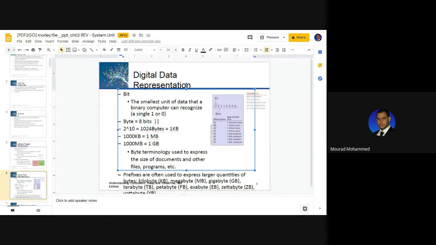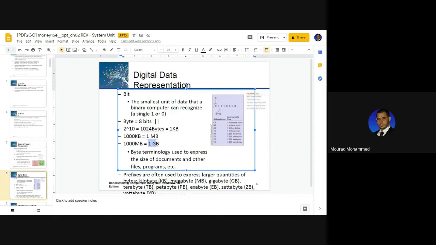But remember, we go from one unit to another by multiplying by 2 power 10, which is 1024. We multiply 2 power 10 by 1 byte, we find 1 kilobyte. 2 power 10 multiplied by 1 kilobyte, we find 1 megabyte. 2 power 10 multiplied by 1 megabyte, we find 1 gigabyte, and so on.